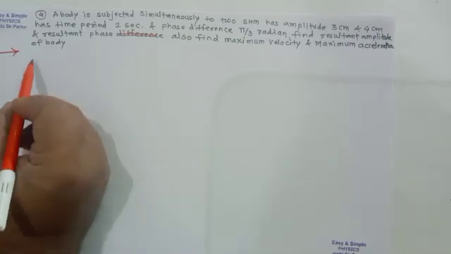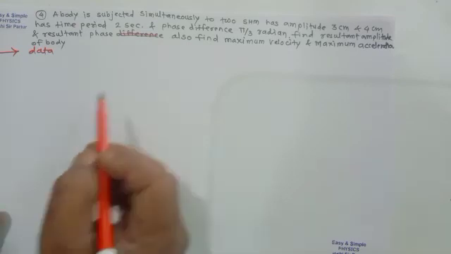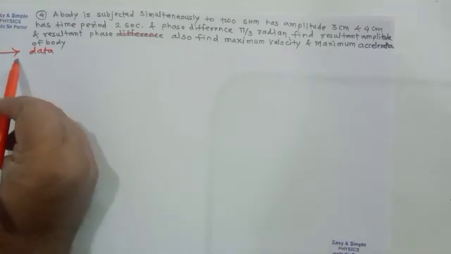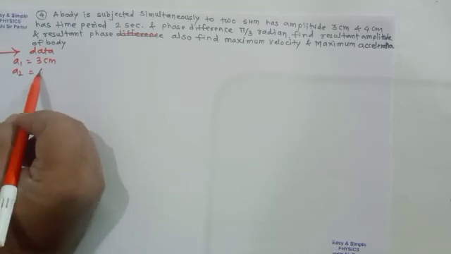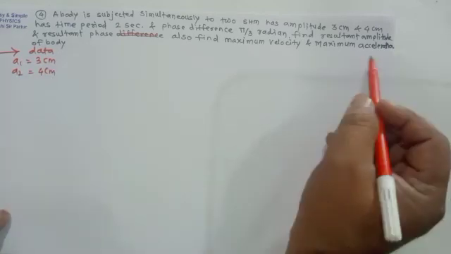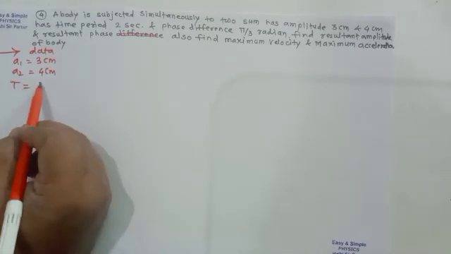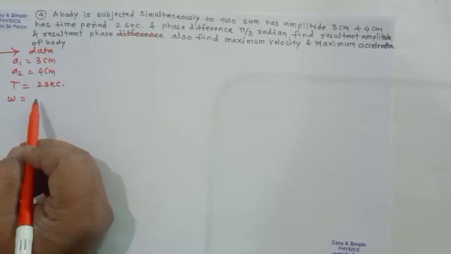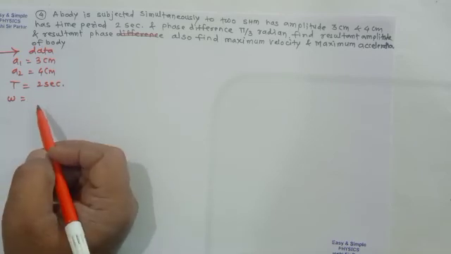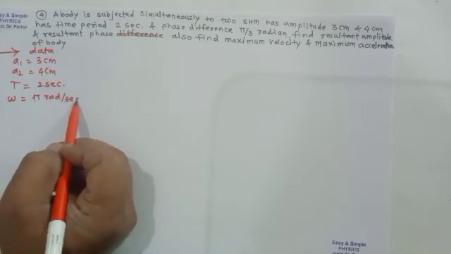if we write the data, there will be two amplitudes: A1 will be 3 cm, A2 will be 4 cm. Time period T is equal to 2 seconds. So omega is equal to 2 pi by T, which is pi radian per second.